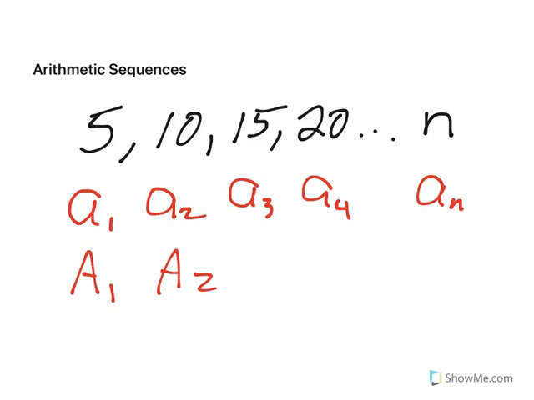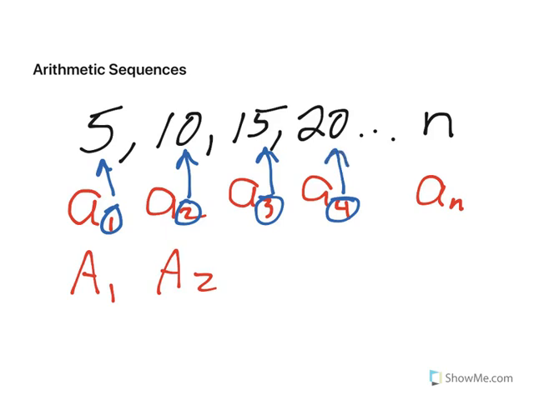And the subscript, that's the little number down here, all that tells is what term in the sequence it is. So that 1 means that 5 is the first term. The 2 means that 10 is the second term. The A sub 3, A sub 4. So that's normally how you would say this: A sub 1, or A with the subscript of 1.